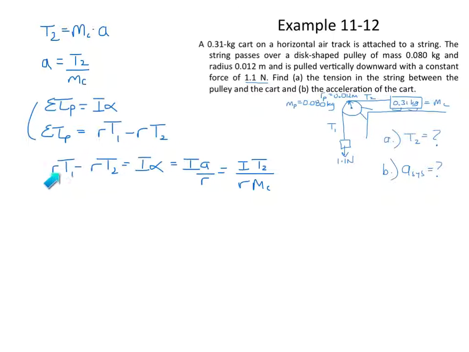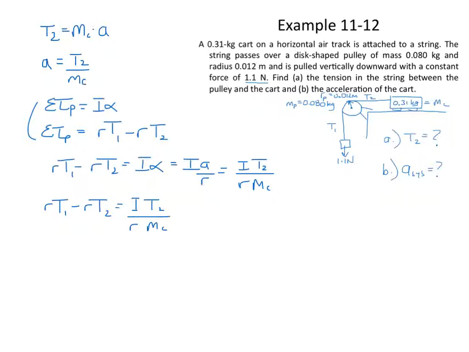This right here, the various forces at radii, equaling moment of inertia times T2 divided by R times mass of the cart, is going to be our working equation. So let's write that down below. R T1 minus R T2 equals moment of inertia times T2 over the radius times mass of the cart.